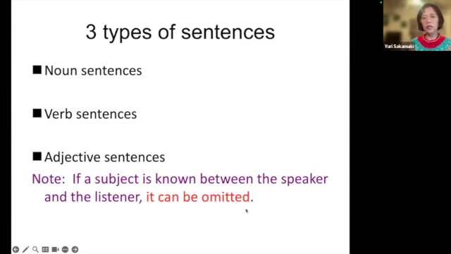One thing about the Japanese language: English has to have a subject, either I or they or students. We have to say what or who does something. But in Japanese, if you and I are talking and both of us know what we're talking about, like a subject, you don't have to say it.